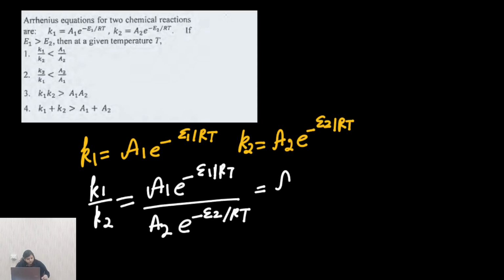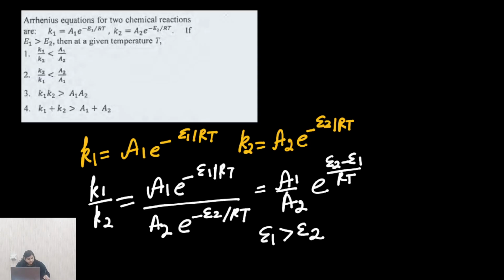So this we can write as A1 upon A2 into e raised to the power of E2 minus E1 upon RT, right? So now it's given that my E1 is greater than E2, which means this difference E2 minus E1 that we are having is going to come out to be a negative value, right?